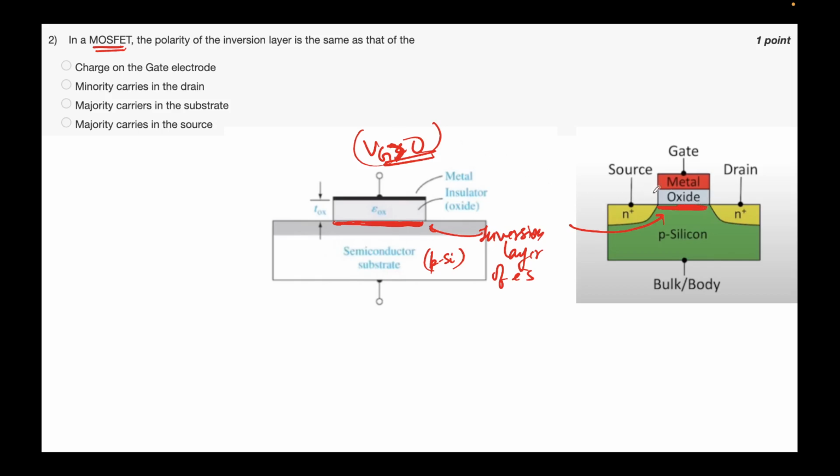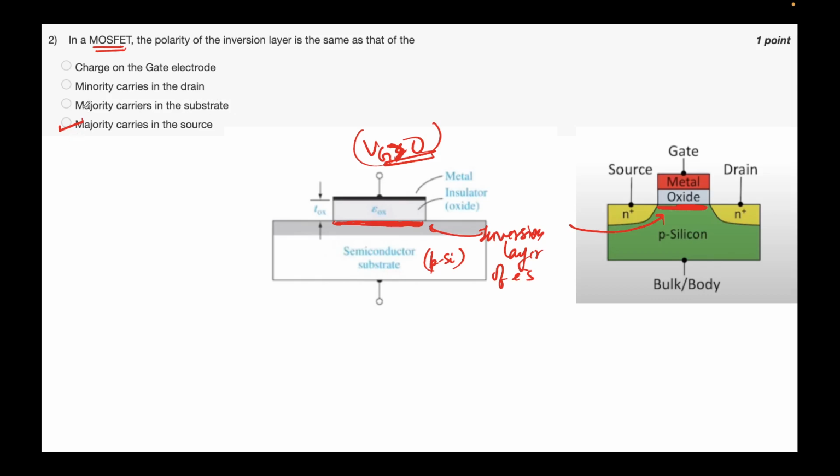So the source and drain have to be of the same polarity as the inversion layer. If the inversion layer is electrons, then the source will have to be rich in electrons. So the majority in the source and drain will be the same as the inversion layer.